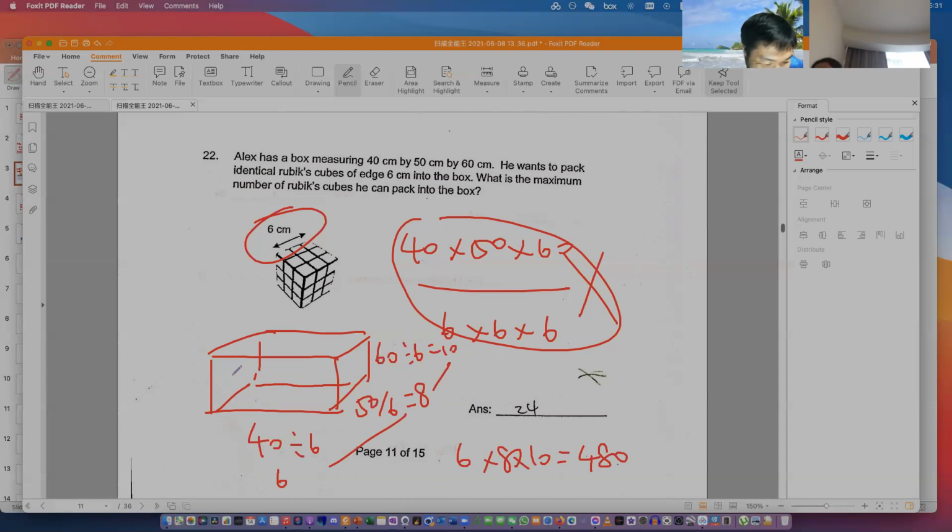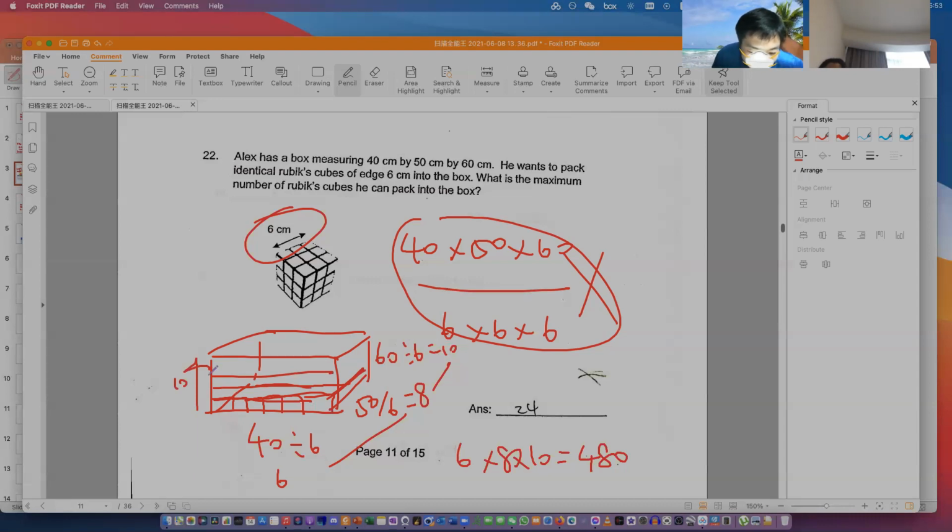So basically you have 6 of them here. I don't know why you add. When you add them, you're telling people you only fill up the first layer. But you still have 10 layers.